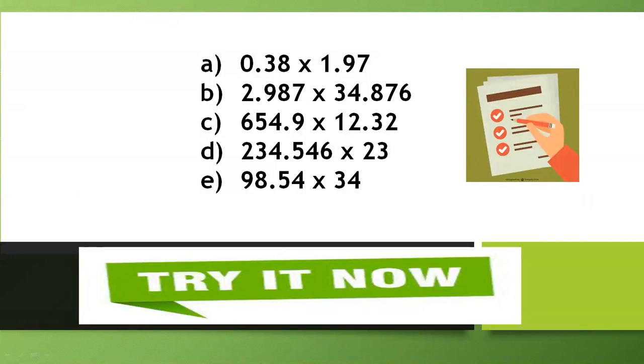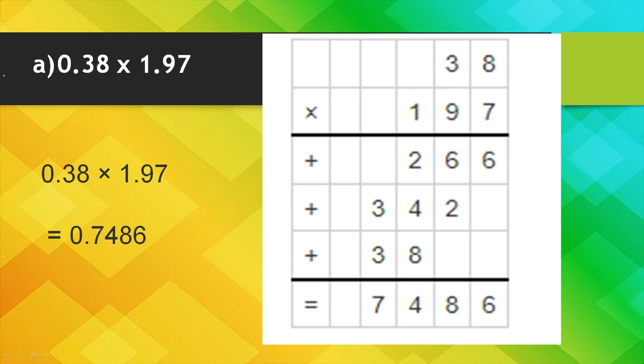Part A: 0.38 multiplied by 1.97. What is it? 0.38, I can assume as 38. I am writing here, and this 38 is multiplied with 1.97.